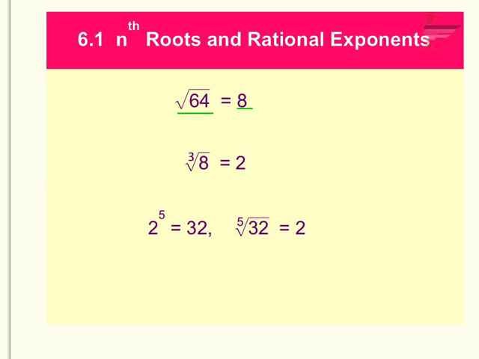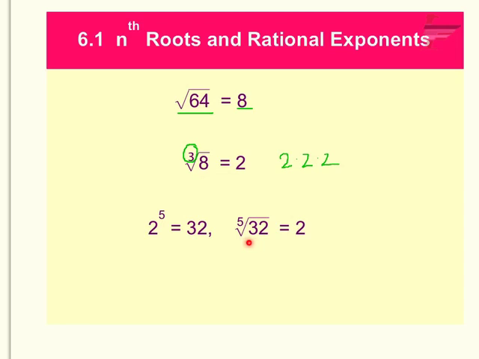If it's a different root that you're taking other than a square root, you're going to see that number show up right there. This means the cube root of 8 is equal to 2 because 2 times 2 times 2 will give you 8. It takes 3 of them. I'm going to skip down here.